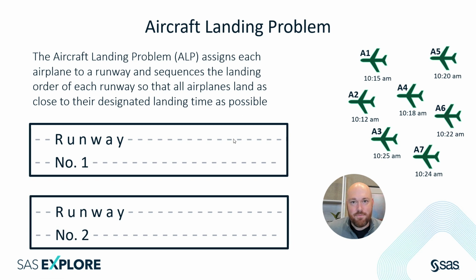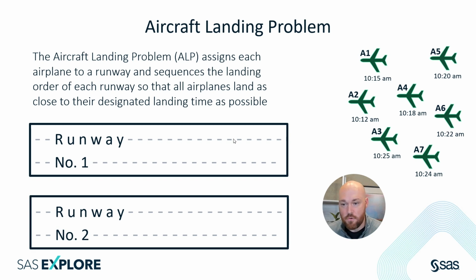Let's take a small example. Let's say we have an airport that has 2 runways, and we have 7 aircraft that are looking to land at that airport on one of the 2 runways. And each one of the aircraft has a desired landing time in which they want to land.